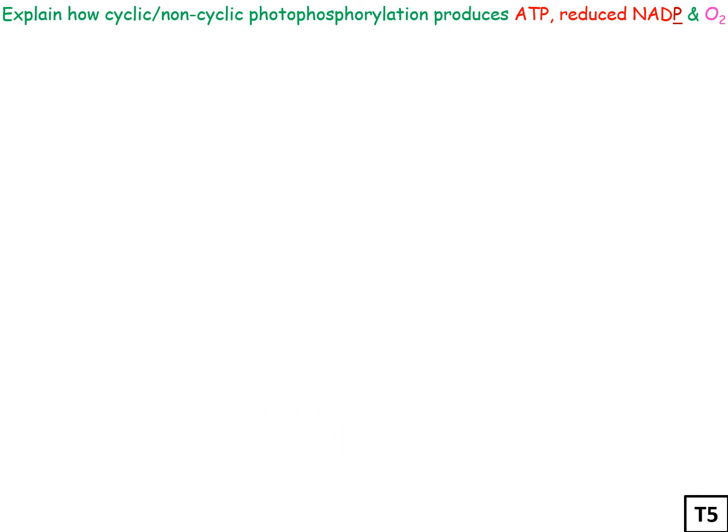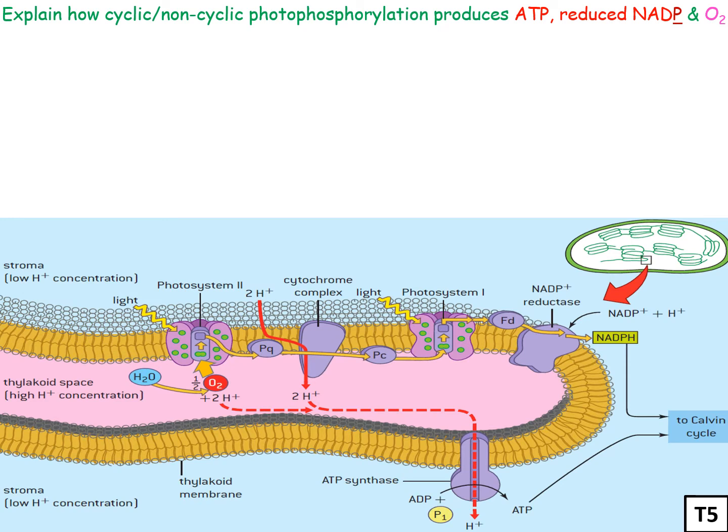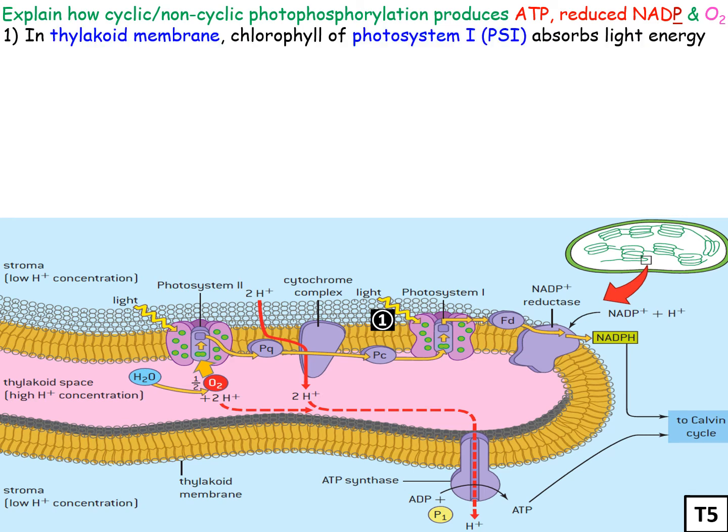Explain how cyclic and non-cyclic photophosphorylation produces ATP, reduced NADP, and oxygen. So here we've got a part of the chloroplast, and to start off with, in the thylakoid membrane, chlorophyll of photosystem 1 absorbs light energy.